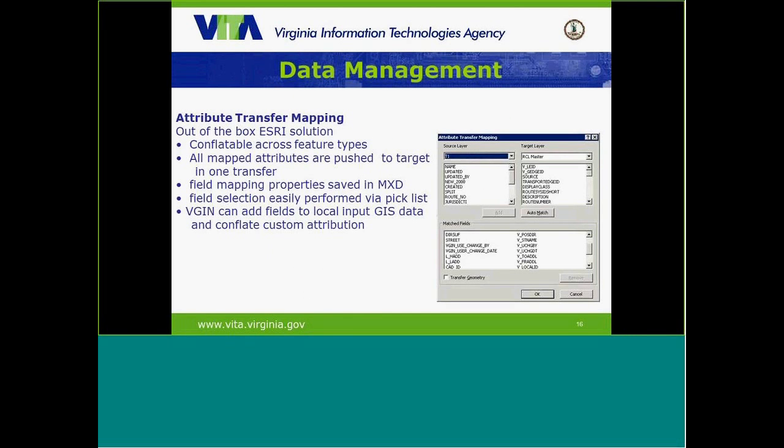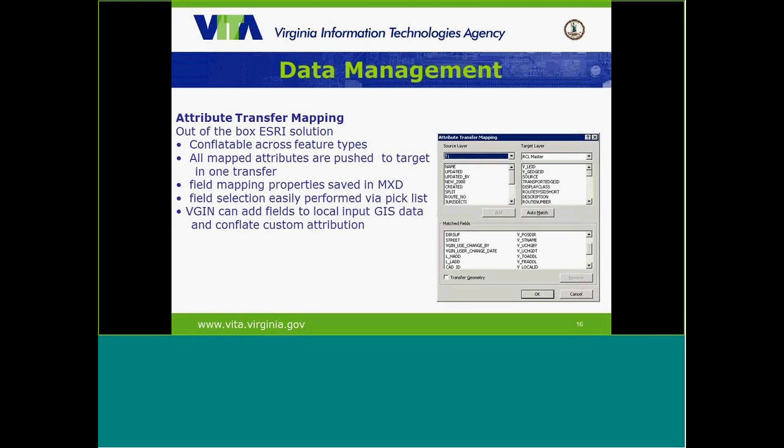And then another nice feature within Data Reviewer is that there is an out-of-the-box Esri solution that will allow you to transfer attributes from one layer to another. This really cuts down on, obviously, human error. So, for example, I can go through here on the locality side, whichever road name it is, and then I can push it over to the RCL master.